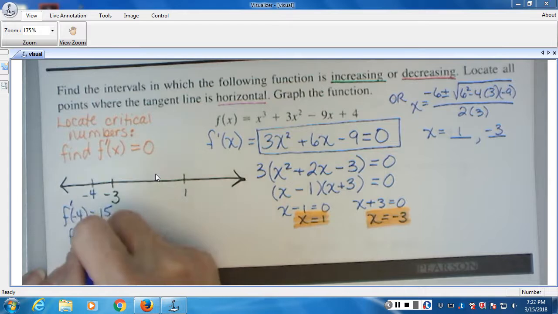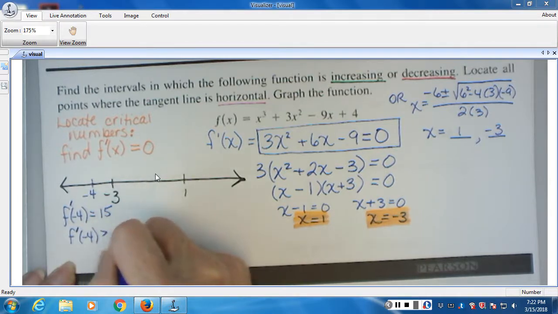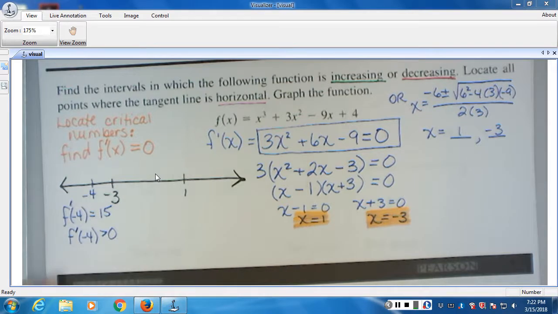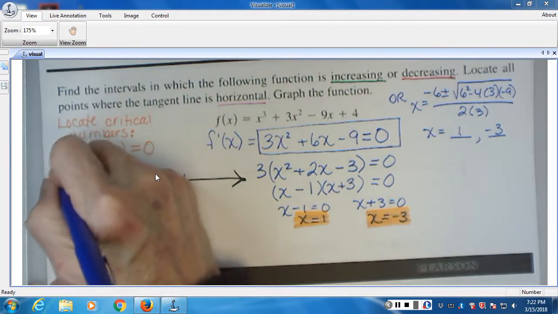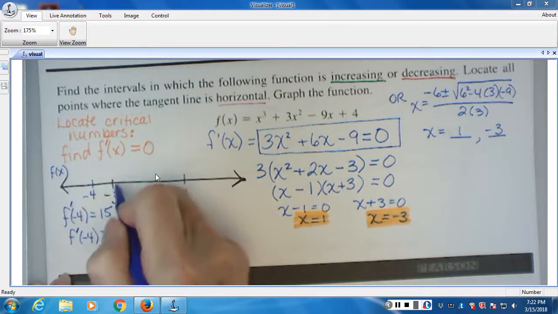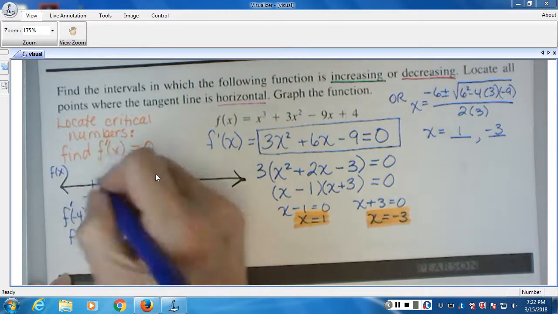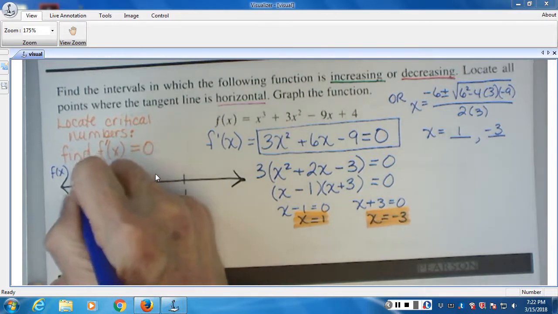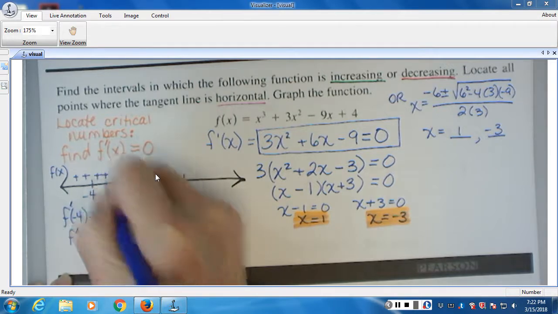Forgot my prime. What that means then is that the function on the interval from negative infinity to negative 3 is positive.